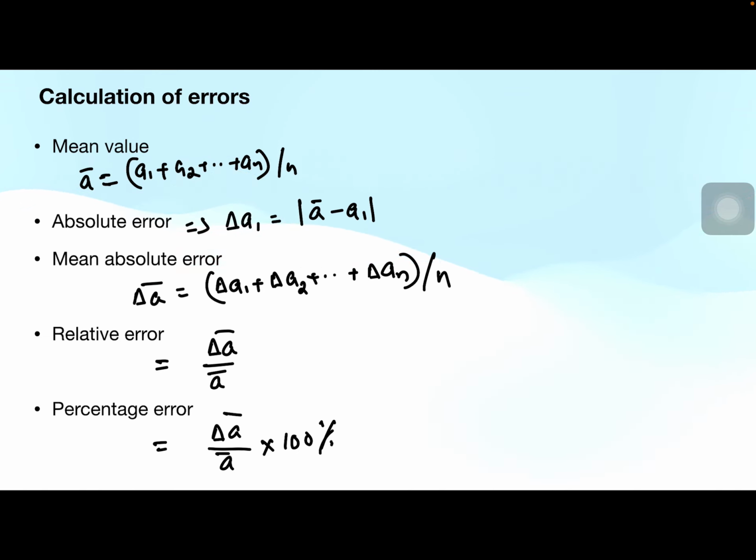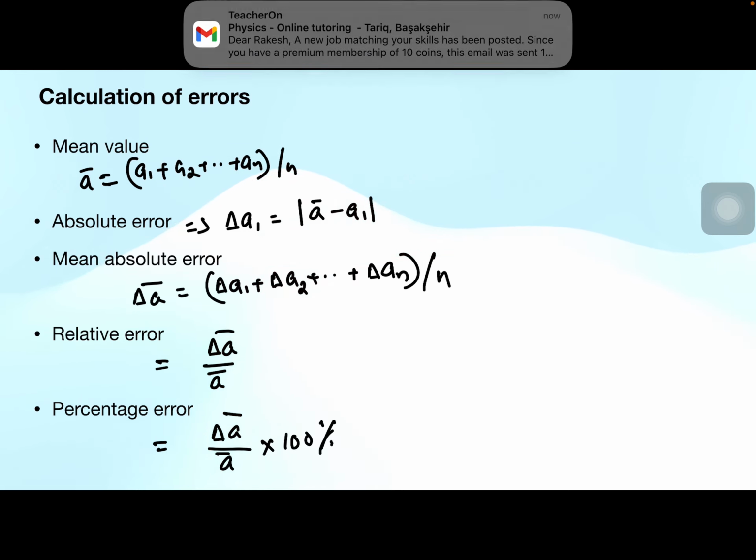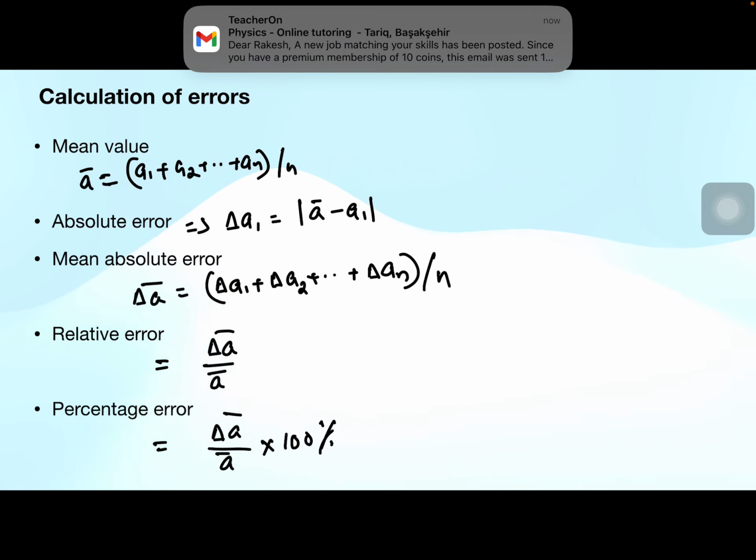If you find the mean of all these absolute errors, that is referred to as the mean absolute error: (delta A1 + delta A2 + delta A3 + ... + delta An)/n, where delta A1, delta A2, delta A3 are the absolute errors of the corresponding measurements. If there are n measurements, you add all these absolute errors and divide by the number of observations. That gives you the mean absolute error.